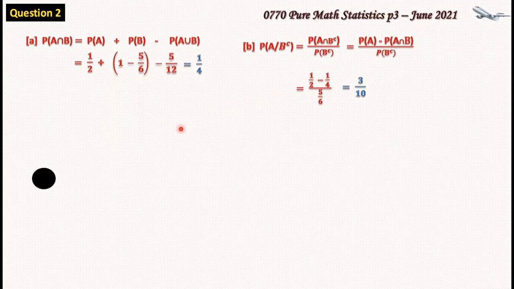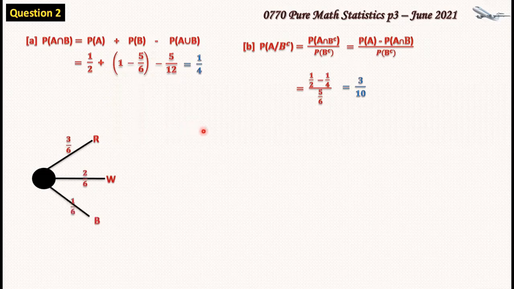Now, with the next part of the question, we are told that a bag contains a certain number of balls, of which 3 balls are red. So we have 3 red balls, and we have 2 balls which are white. We have 2 white balls out of 6 and 1 ball that is blue. So this is what we have in this bag.